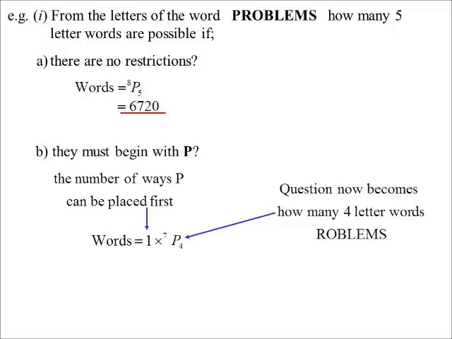So the question now becomes, how many 4-letter words from Problems? I've used the P, it's gone. So it will now be 7P4. 7 remaining letters, I'm only going to use 4 of them. 1 times 7P4, 840.